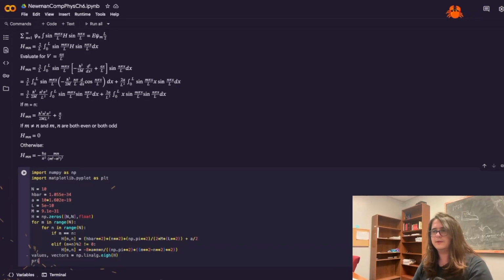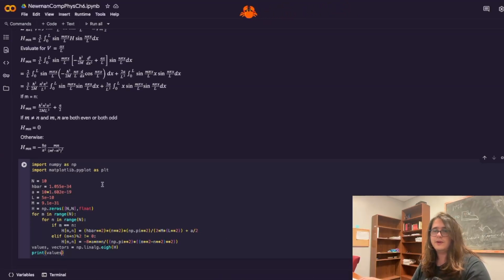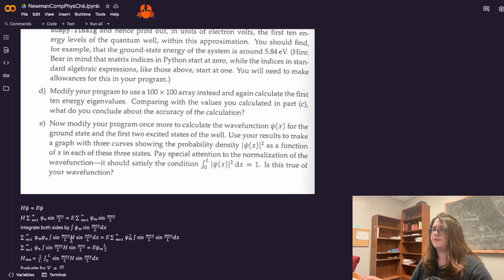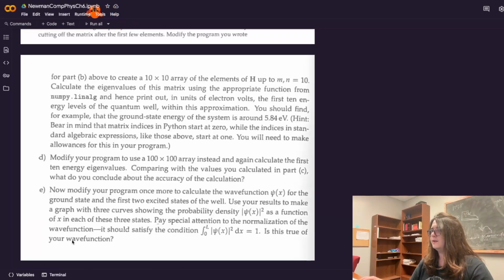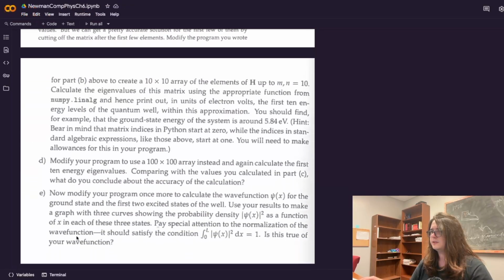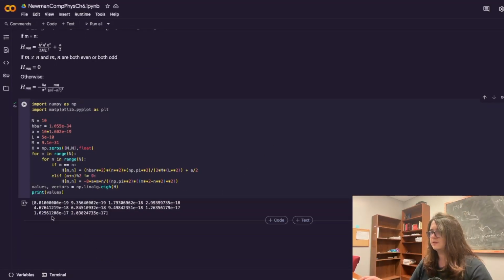And so we can use that to print out what the eigenvalues are just by running print values. And we'll know that we did it right if it returns the first eigenvalue at around 5.84 electron volts, right? Yeah, 5.84 electron volts, which is why this is not right, because it's returning values in joules.